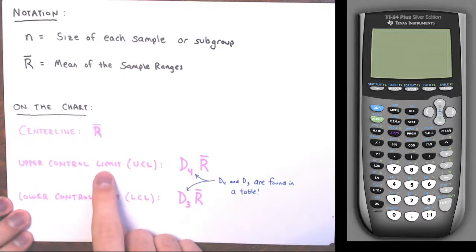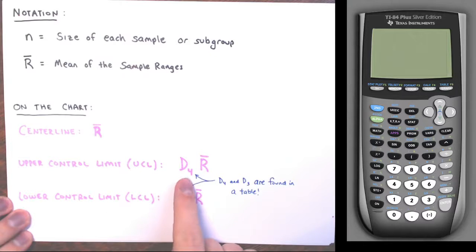The upper control limit, or UCL, will be located at the value D sub 4 times R bar. So whatever this R bar is showing up here, it's multiplied by this factor of whatever D4 is. And the lower control limit, LCL, is at D3 times R bar.